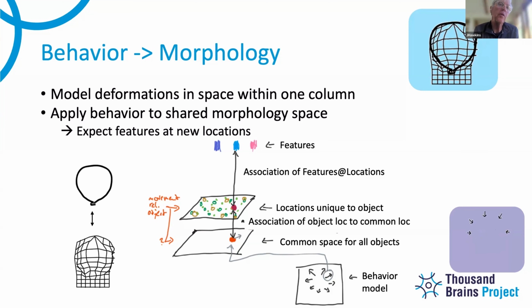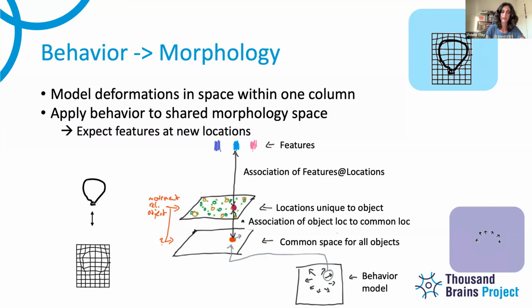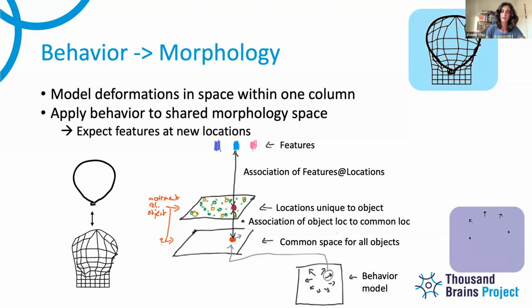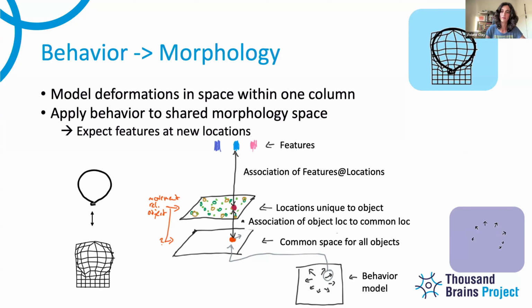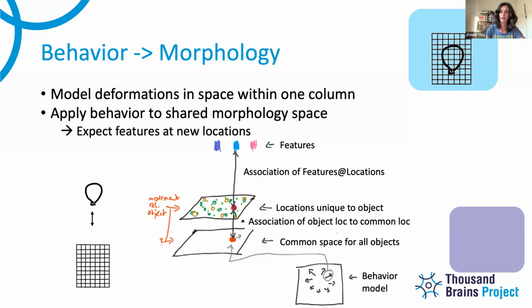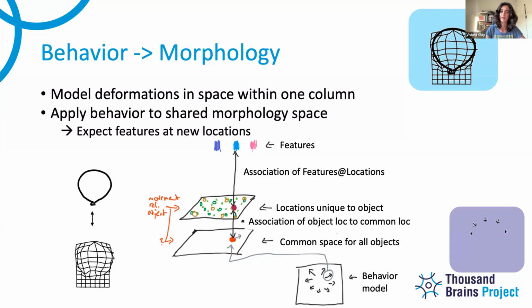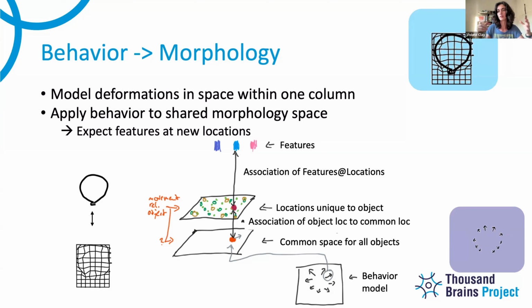It wouldn't be specific to any features or components. It would just be the locations at which you expect features to change. It's not related to the balloon at all. It's just that the location space distorts.